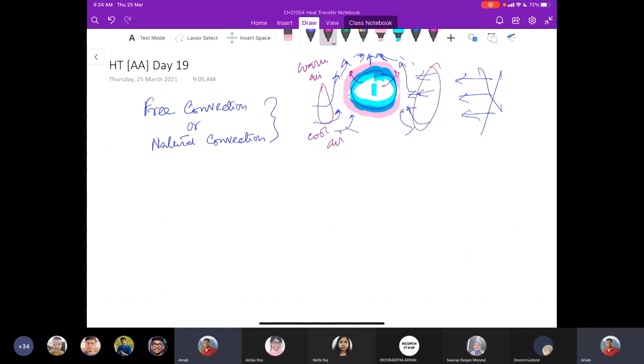Since the gravitational field is what dictates this natural convection current, in a gravitational field, what is the net force that acts on a body? Can anyone tell me?